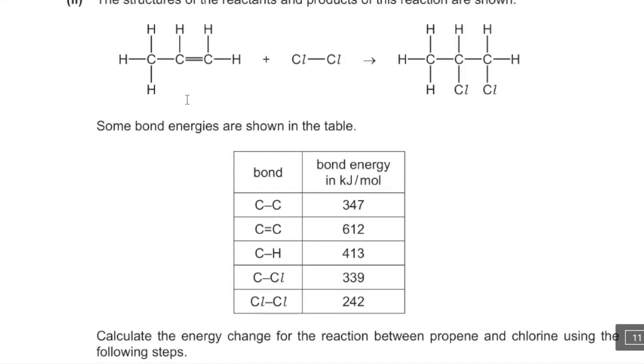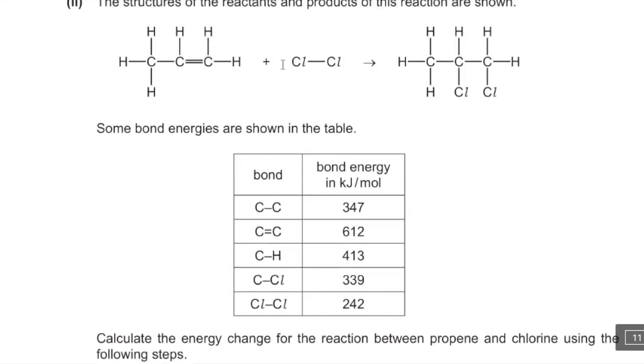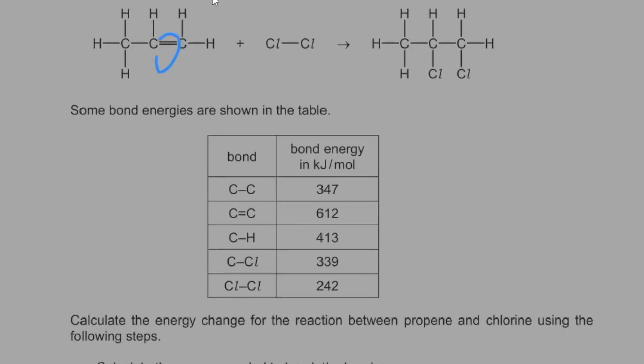As you can see over here, this double bond is broken so that these chlorine atoms can react with this compound, and that means here not only one double bond is broken, but also this single bond between two chlorine atoms is broken, and that means we have the bond energy 612 along with 242, so these add up to be 612 plus 242 is equal to 854.